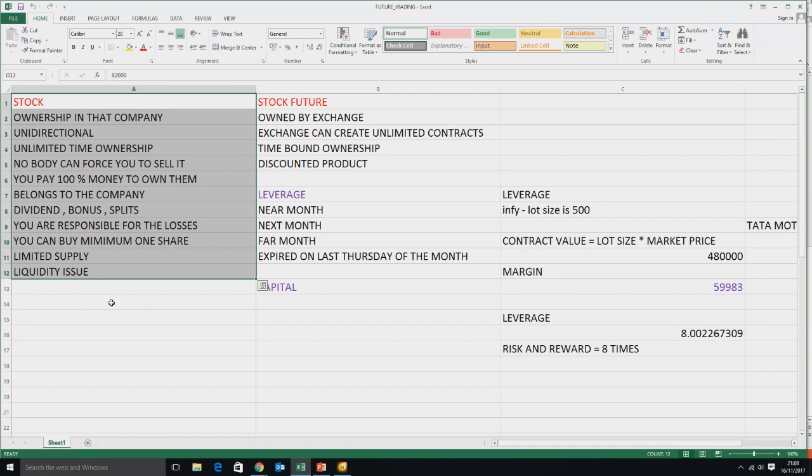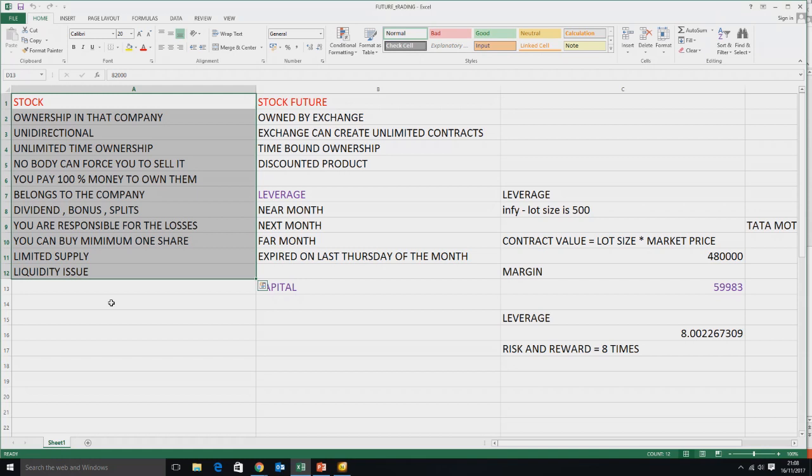It is unidirectional, meaning whenever you buy any stock, only if it goes higher will you make profits. So the direction you could have in stocks is just one, which is upward, right? And if the stock price remains as it is, or if it moves down, then you may incur losses, sometimes huge losses.